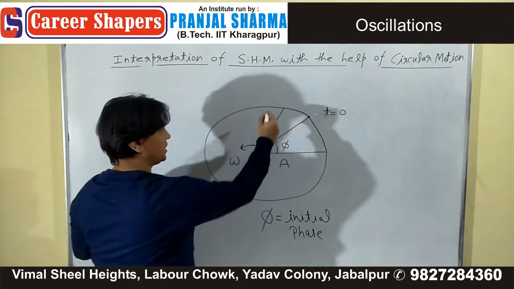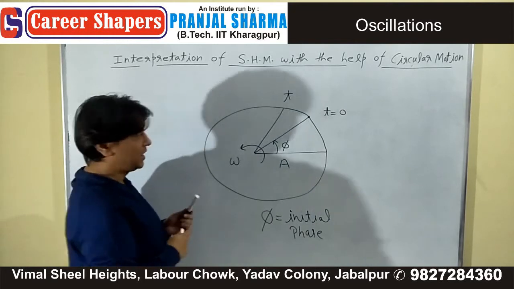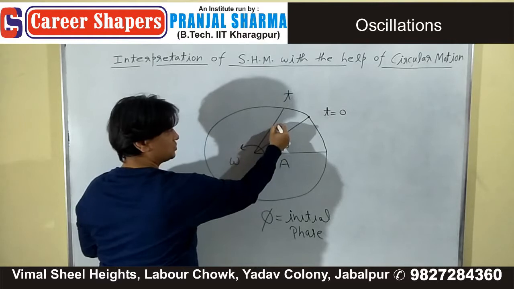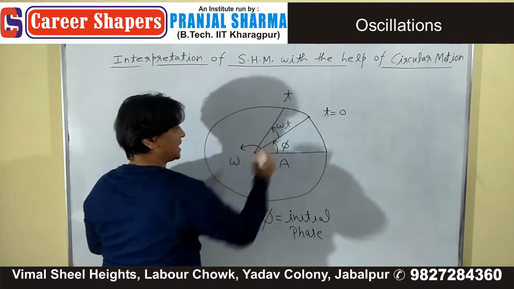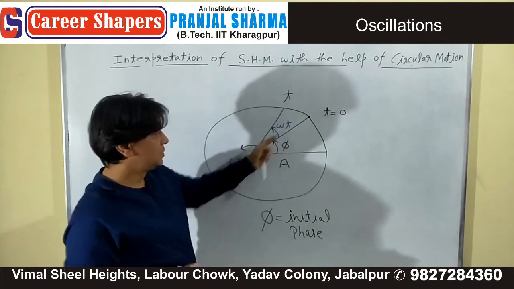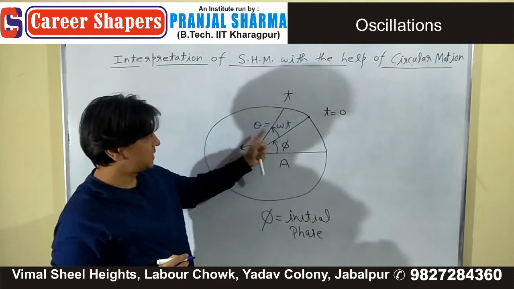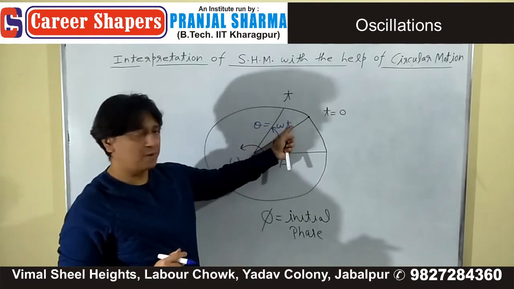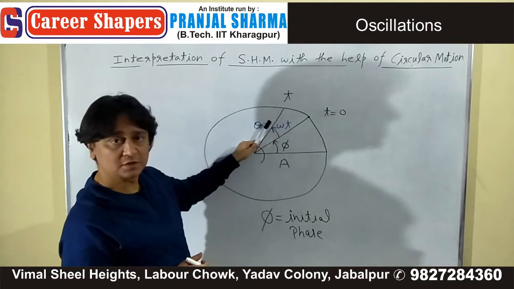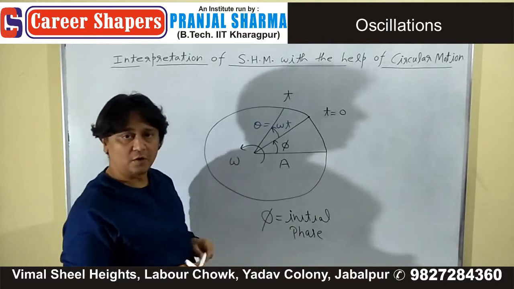The angle it has covered, angular velocity multiplied by time, from this position to this in time t, is omega t.